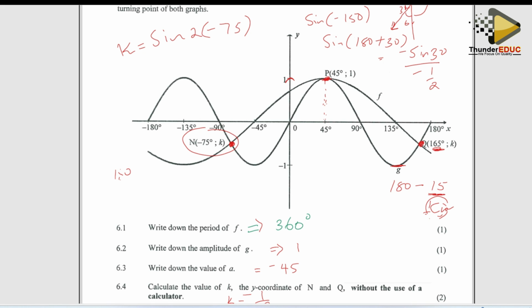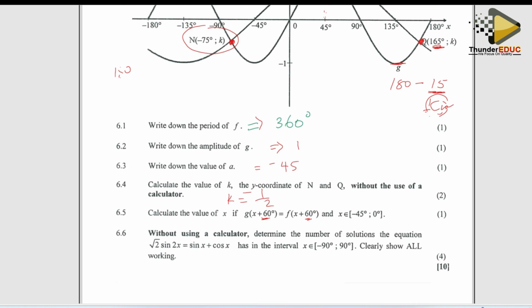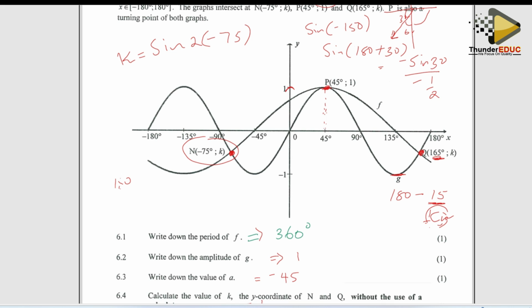But now if the graphs are moved 60 units to the left, the question wants the values of X between negative 45 and 0. So if we subtract 60 here, it's going to give us a negative 15. If you subtract 60, it's going to be farther away, at 100, 105, somewhere there.